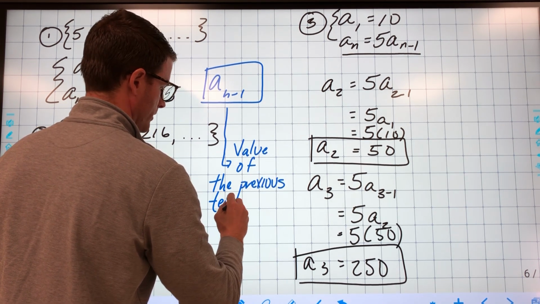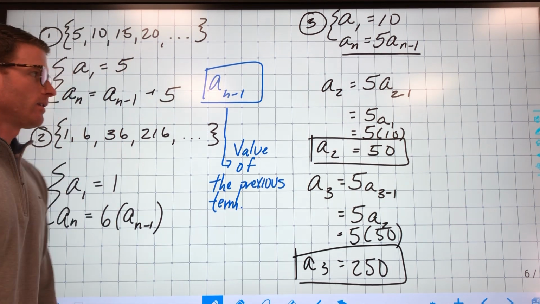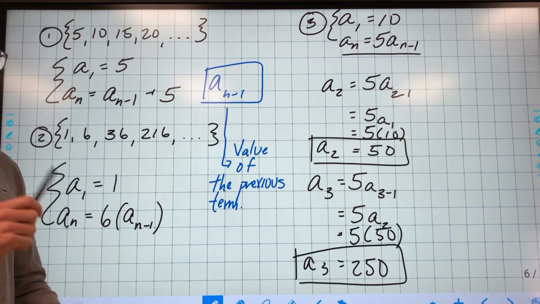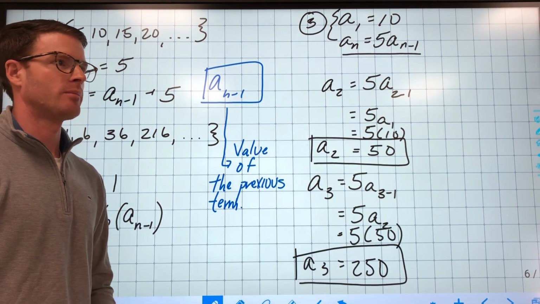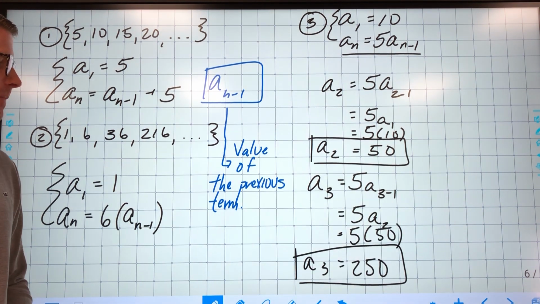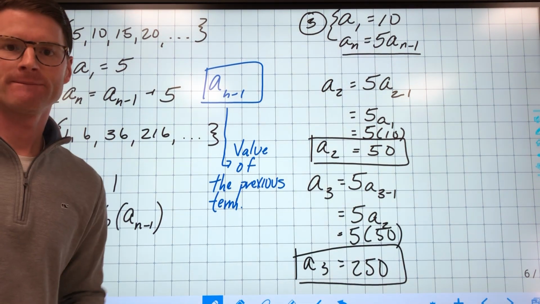And that's the biggest thing from today's lesson, okay? If you can remember this, just like we did with regular formulas, knowing that a sub n means the value of any term, that n is the position of a term, then you're going to be good, okay? All right.